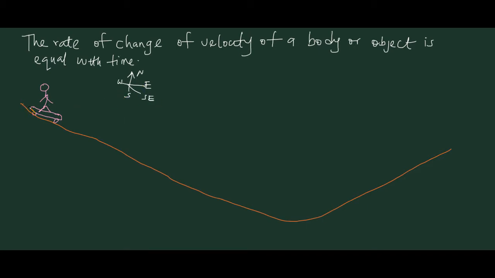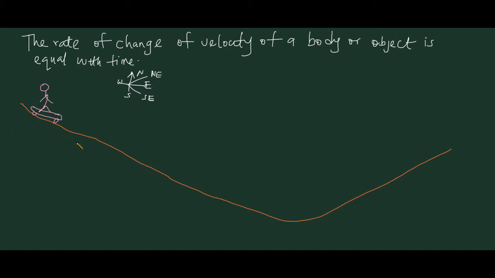So the skateboarder is sliding down this ramp in the southeast direction until he gets to the bottom of the ramp, then there is a new change in direction and he'll be moving towards the northeast direction.